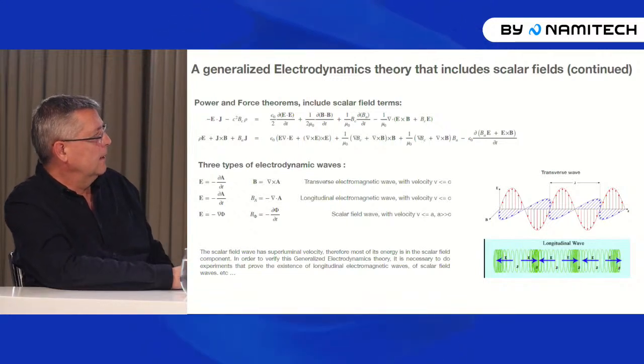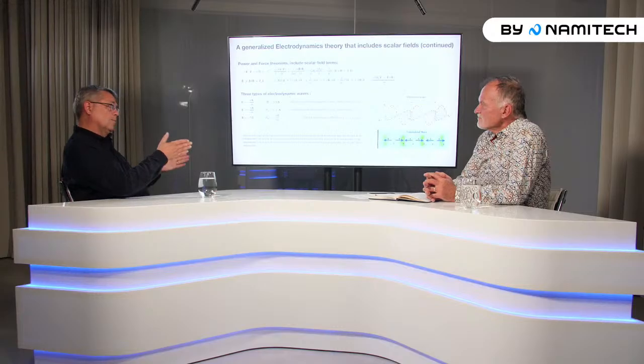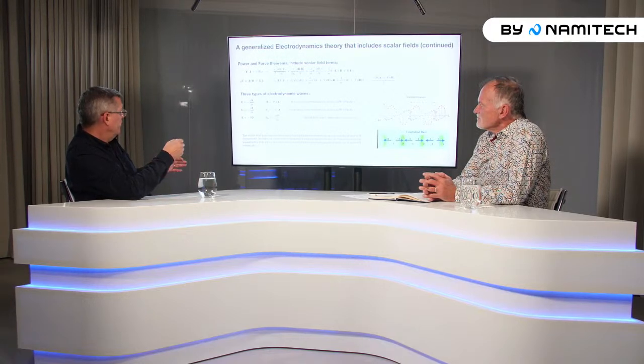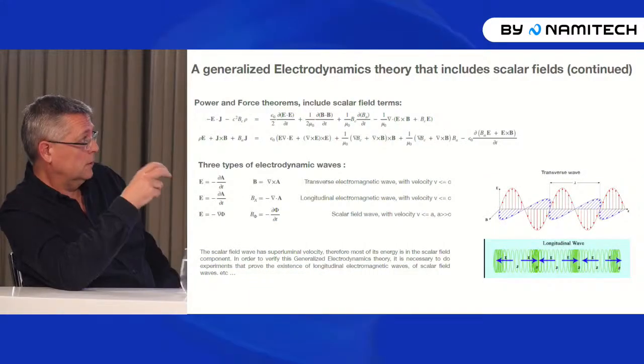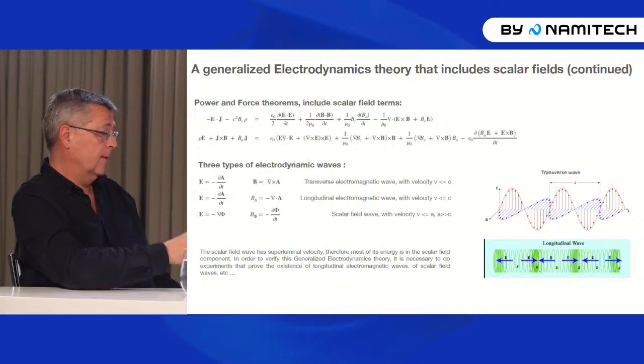And this is based on three types of electrodynamic waves. With the Maxwell theory, we only had one type of electrodynamic wave in vacuum or guided by a medium, which can also be a material medium. That's the transverse electromagnetic wave, which I've shown a picture of at your right. But now we have two extra longitudinal waves. One is luminal and the other is superluminal.